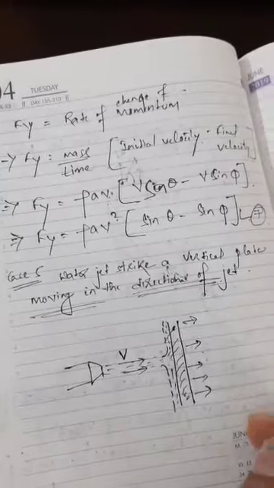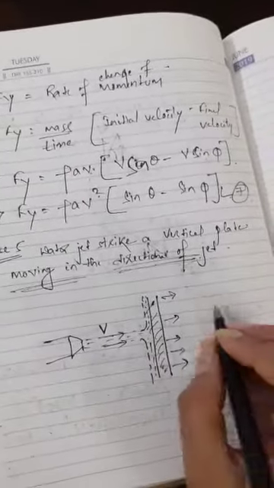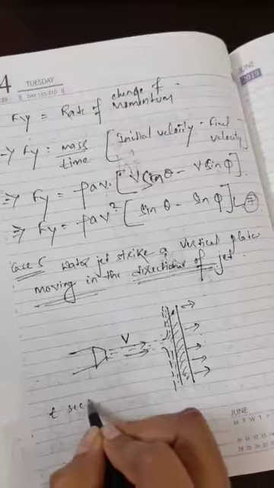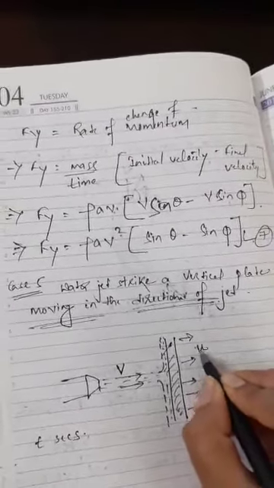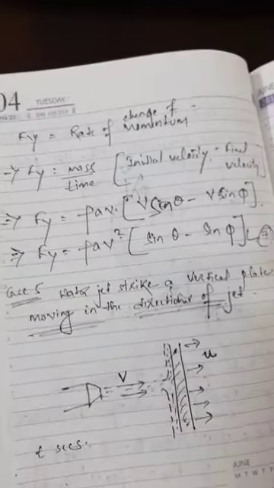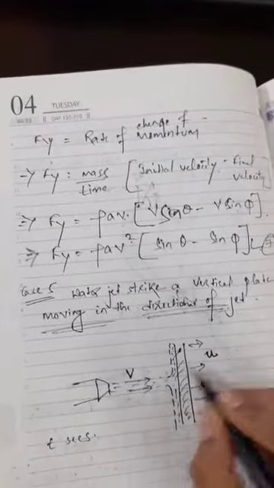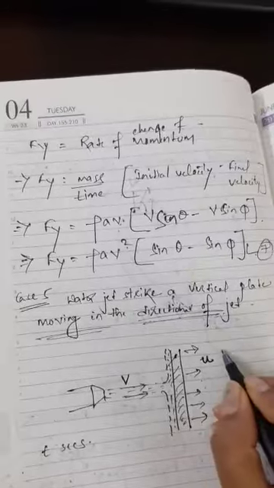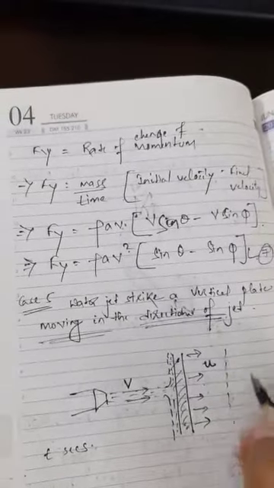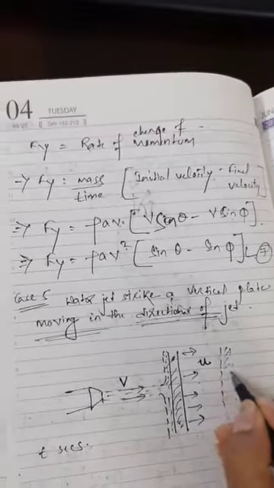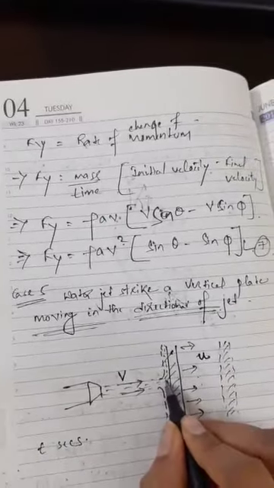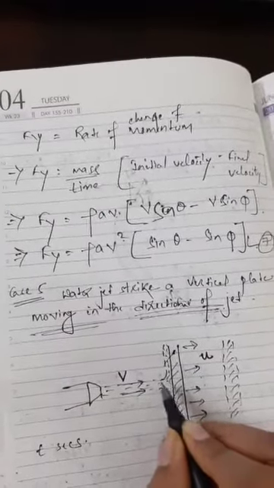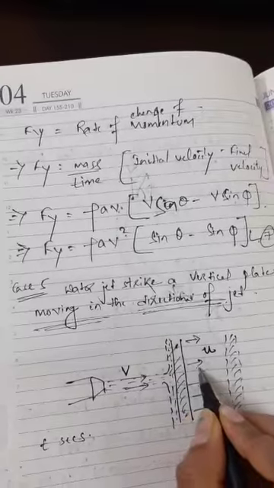So if I consider, after a time t seconds, the velocity of the plate to be u. After a time t seconds, suppose the plate is now here. This is my new position of the plate. The water jet that was supposed to strike here, now it moves like this.